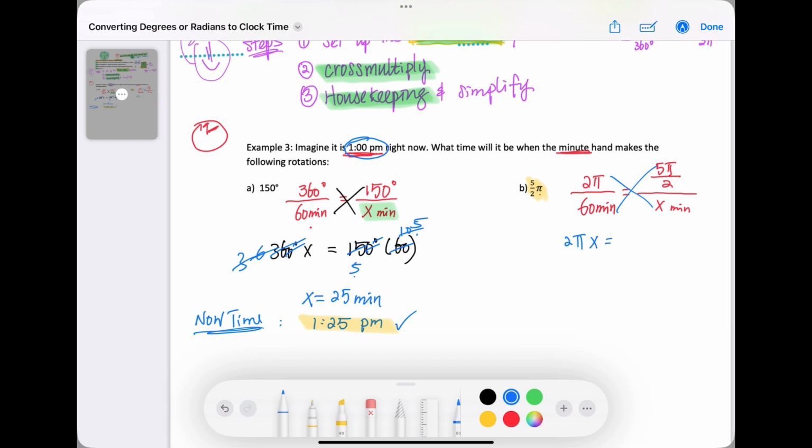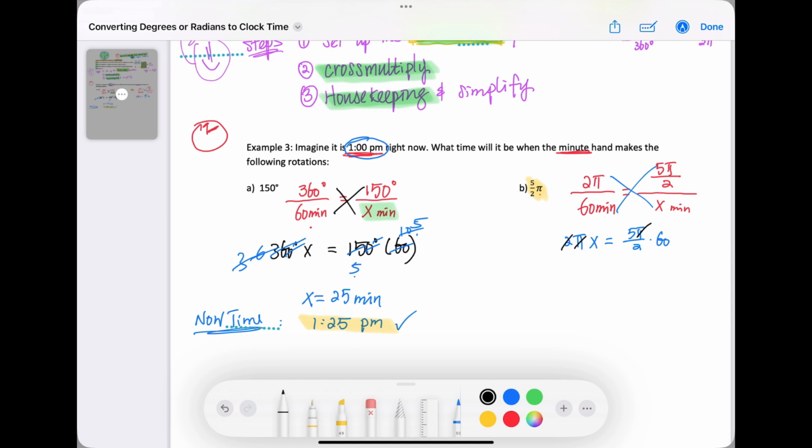Step 2, cross multiply. So now we got 2 pi times x is equal to, do not overthink, just a number, 5 pi over 2 times 60. Now both sides have pi, so I can cancel out.